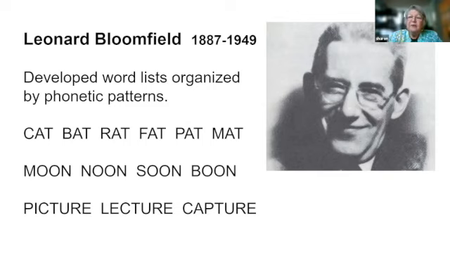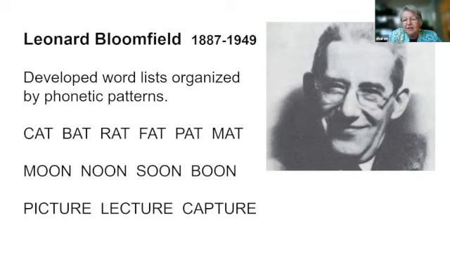There were 70 such lists, and his child studied the words organized that way. And in Bloomfield's own words, the child learned to read like a walk in the park. It was so easy. So he passed this list on to a friend of his, Clarence Barnhart.